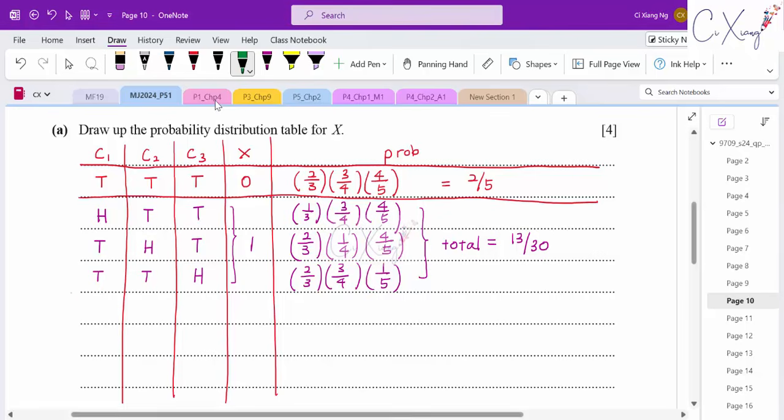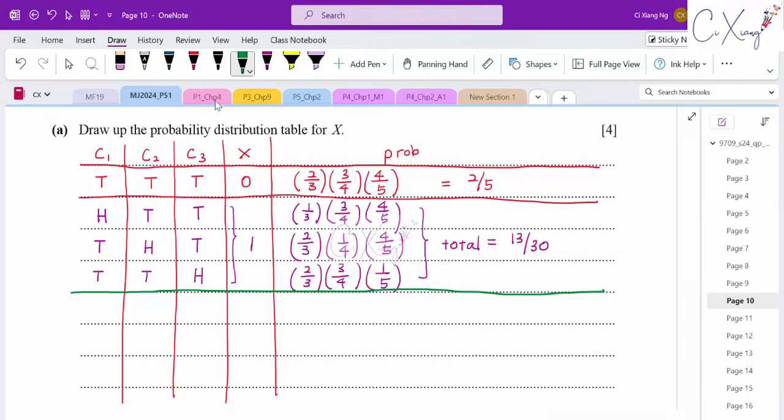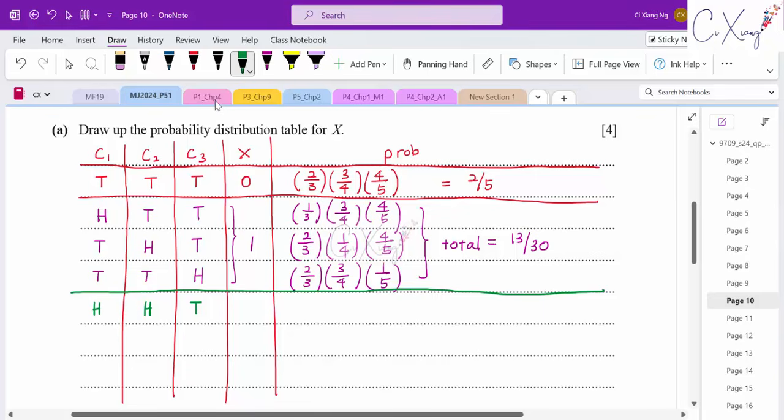Next, we proceed to x equals 2. For x equals 2, I can have head, head, tail, that means 2 heads with 1 tail. Another case is head, tail, head, also x equals 2, then tail, head, head. All these cases contribute to x equals 2. Then you calculate the probability again.